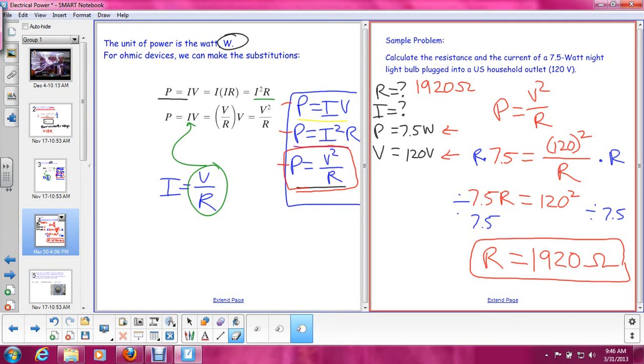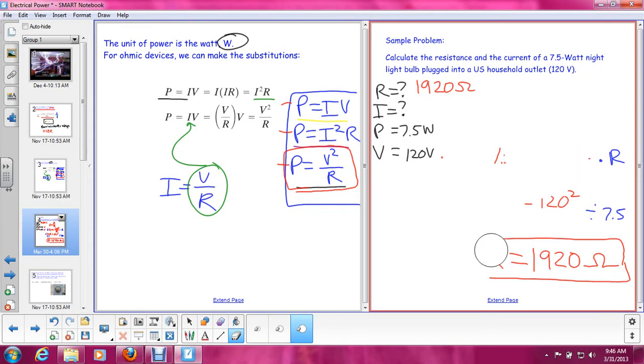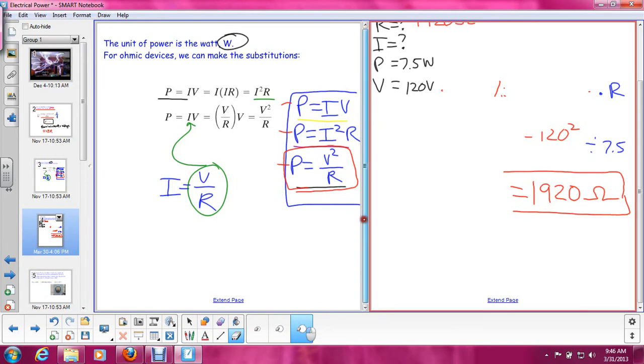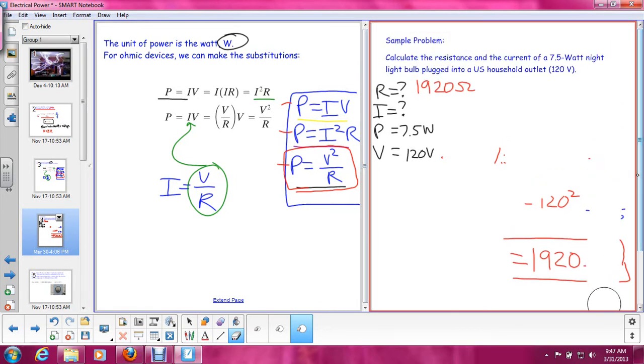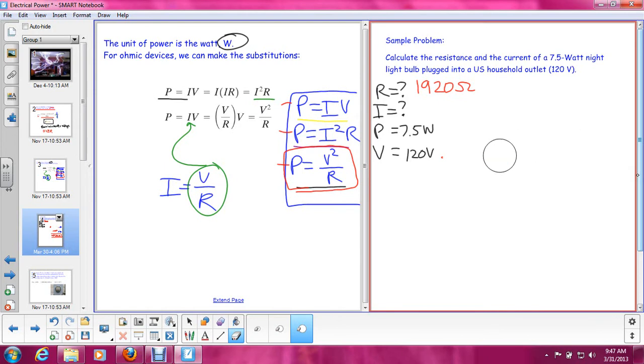So we've got that part done. But we're not done yet because we still need to solve for the current. So I'm going to erase this. And now we can solve for the current running through this circuit. It's moving quite slow. All right.